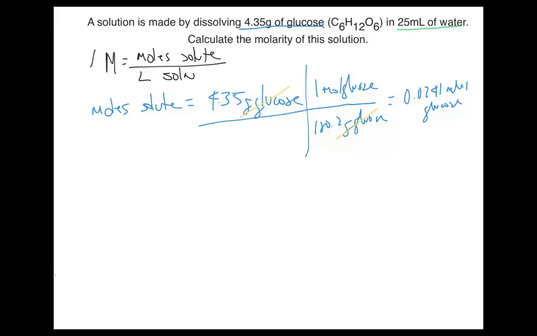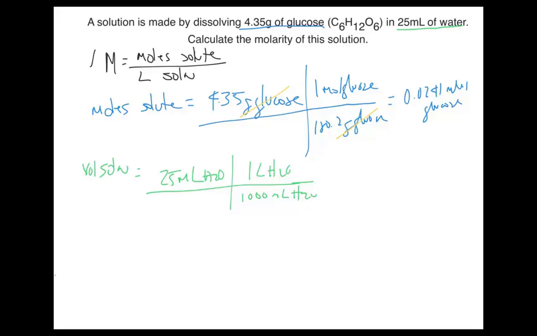Now, for the volume of the solution, we have 25 mL. We need to change to liters of H2O. So in 1 liter of H2O, we have 1,000 milliliters of H2O.